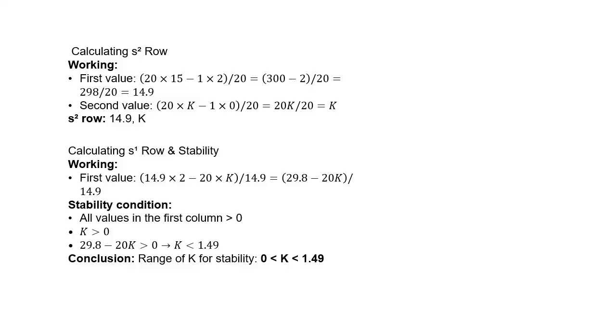From there we get two conditions: k must be greater than 0, and also 29.8 minus 20k must be greater than 0. Considering the second inequality, we get k less than 1.49. Combining both, 0 is less than k, which is less than 1.49. This means that our system is stable within this range of k.